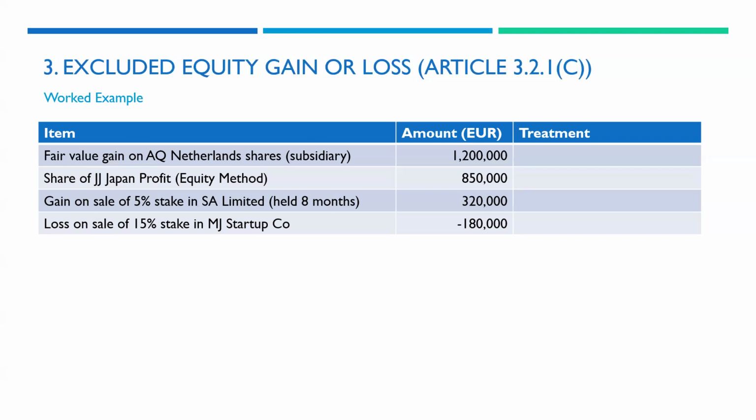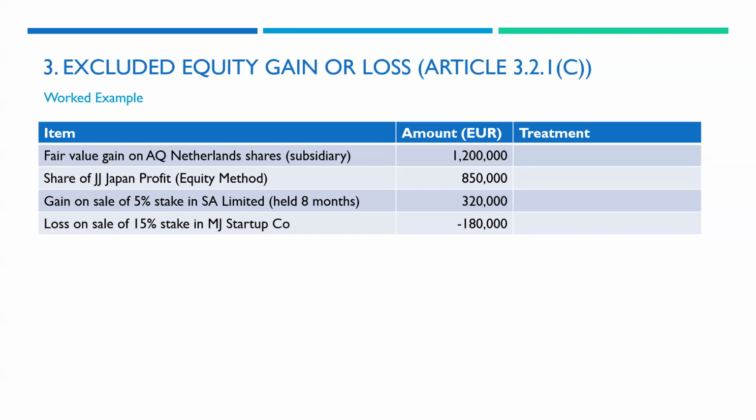Gain on sale of 5% stake in SA Limited, which I held for only 8 months. What should I do? I should not adjust because this is a portfolio shareholding. I only had less than 10% and less than 12 months. Assuming that 5% was all I held in SA.